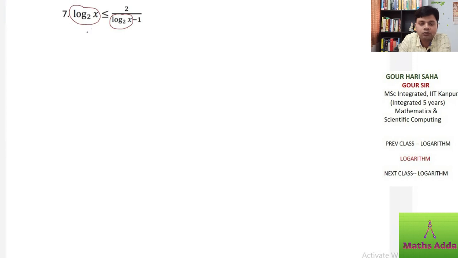So what we need to do, we first put this one as t, so it becomes t less than equal to 2 by t minus 1. See how simple it is. It is a sign scheme question. How to solve it? Bring all the terms to one side.